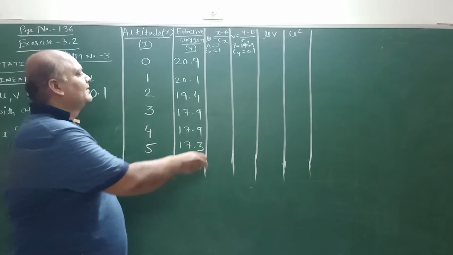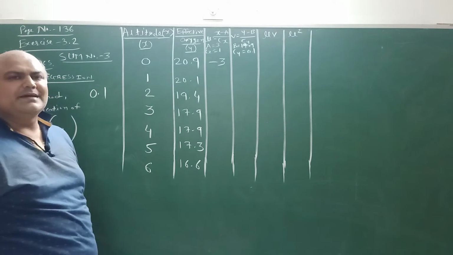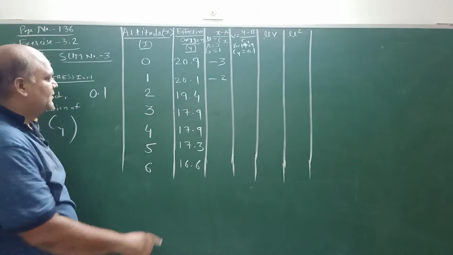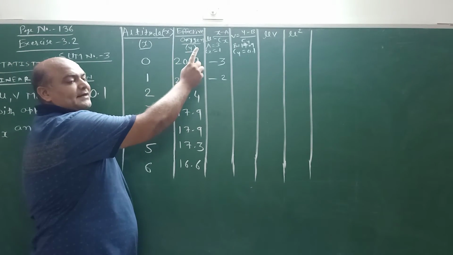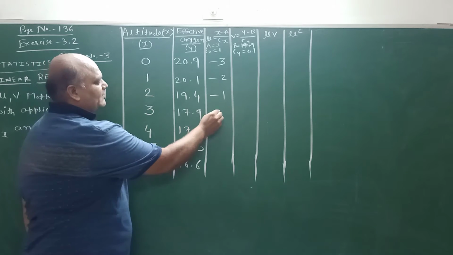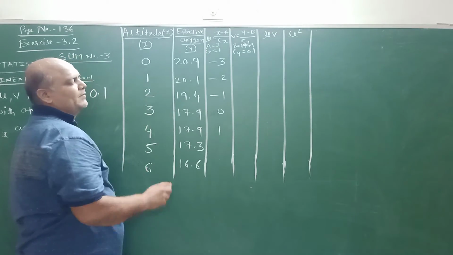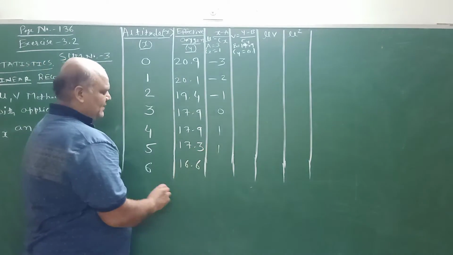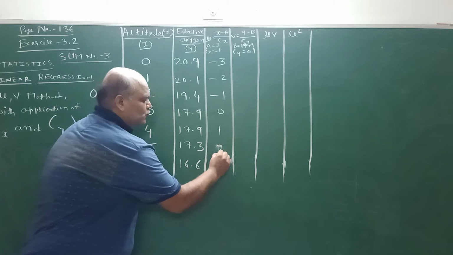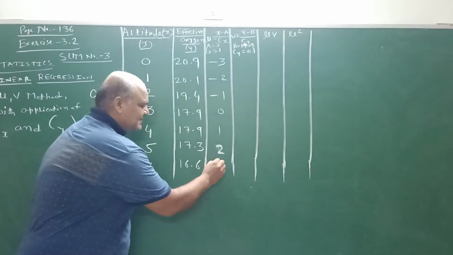Minus 3 divided by 1, that is minus 3. 1 minus 3 means minus 2, divided by 1, minus 2. 2 minus 3 means minus 1, divided by 1, minus 1. 3 minus 3, 0. 0 divided by 1, that is 0. 4 minus 3, 1. 1 divided by 1, that is 1. 5 minus 3, that is 2. 2 divided by 1, 2. 6 minus 3 is 3. 3 divided by 1 is 3.